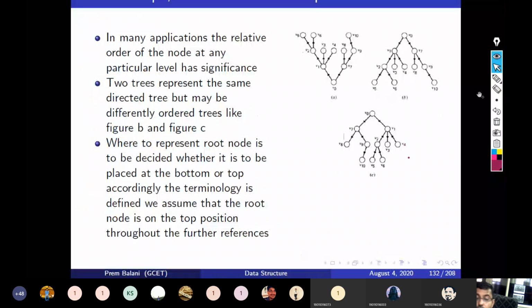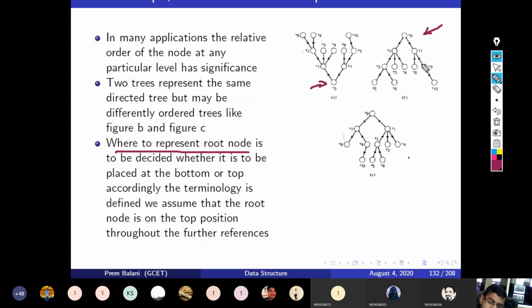Now the second important thing is where to represent the root node, right? So you can represent the root node at the bottom level also, or you can represent the node at the top level also. It depends upon you, but in this data structure course we will follow this notation.